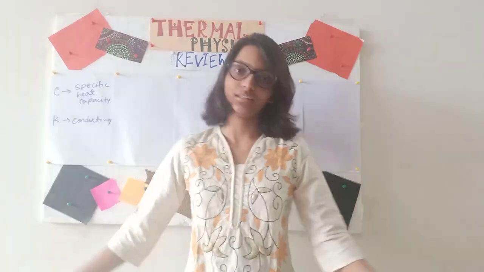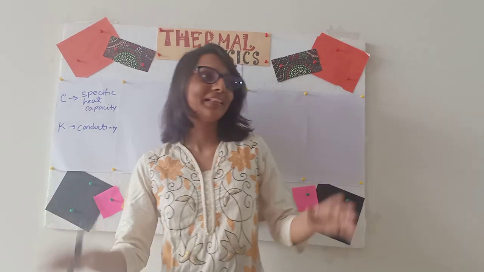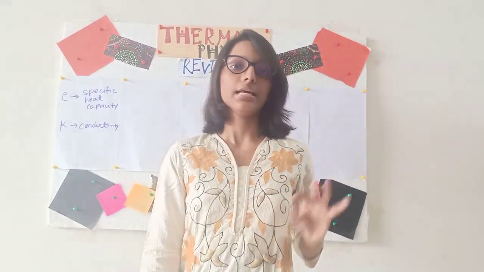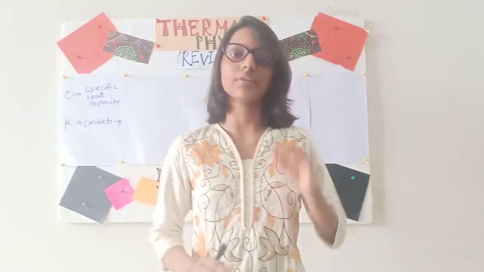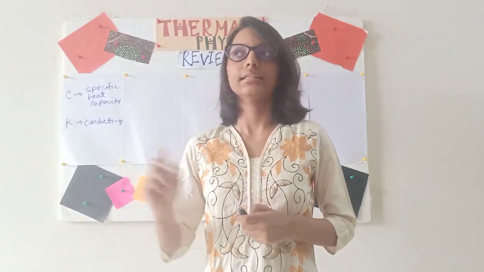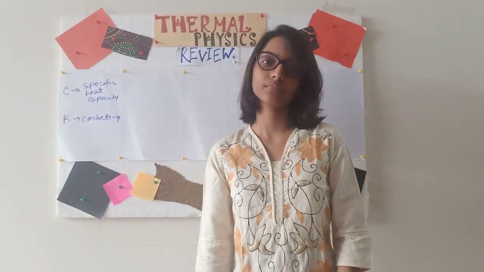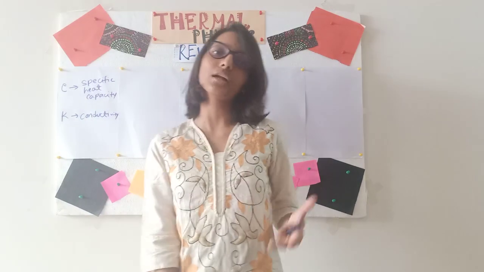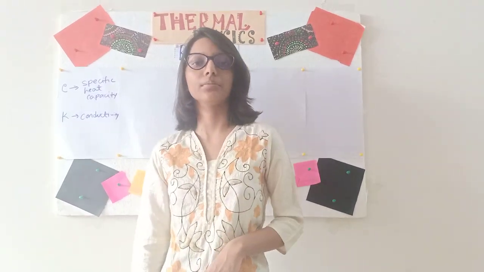Okay, fine, but what is there to explore in this? You'll see that substances that have high specific heat capacity will never have a high conductivity. Objects that have high specific heat capacity will have low conductivity, and objects that have high conductivity will have less specific heat capacity. Let's look for examples. Water, very high specific heat capacity but very less conductivity.